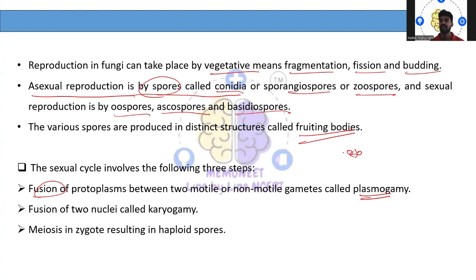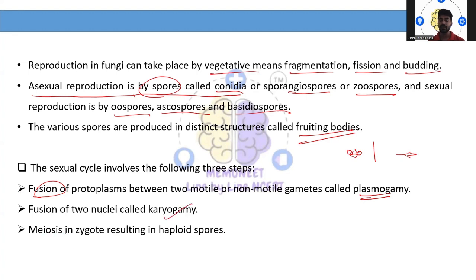Fission is dividing, fusion is combining, or fusing, of protoplasm between two motile or non-motile gametes. Then another step is the fusion of two nuclei, called karyogamy.